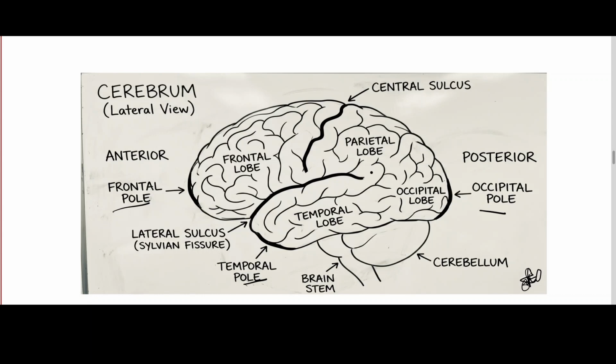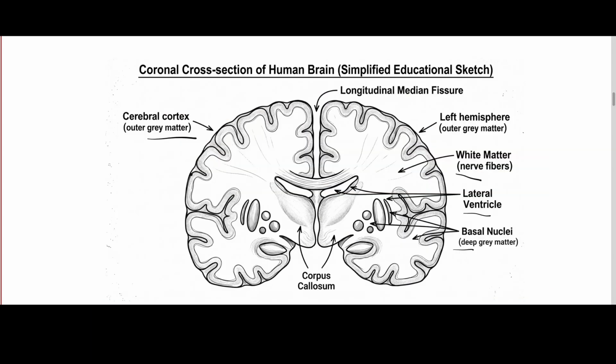We also have the medial surface. Now this part is the superolateral surface, and this part is the medial surface. The medial surface is the inner surface between the two hemispheres.